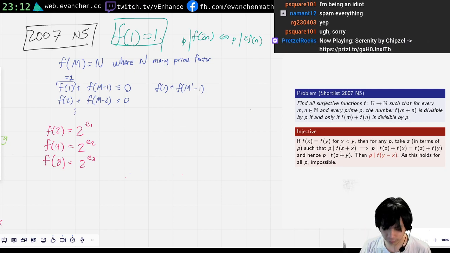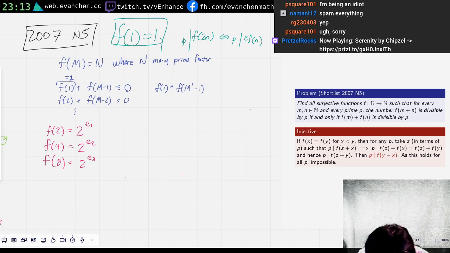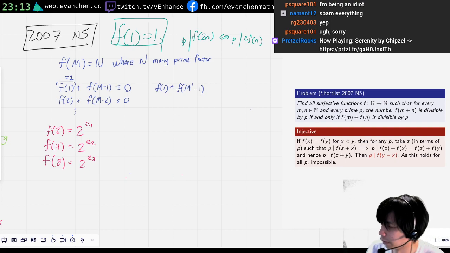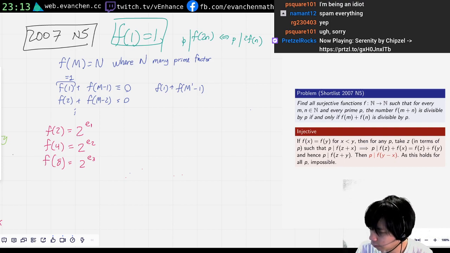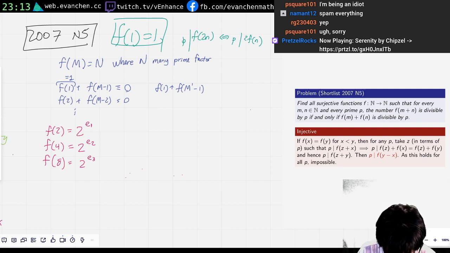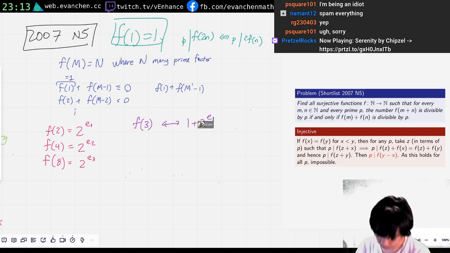But I really like the powers of 2 because it gives us a sort of anchor we can use to try to do some values. For example, can I get anything out of f of 3 at this point? f of 3 has the same prime factors as 1 plus 2 to the e1.